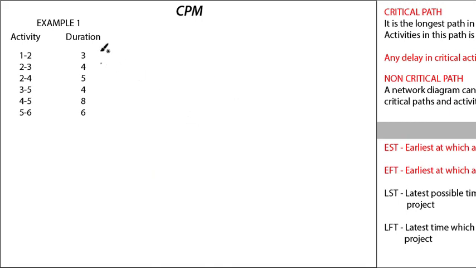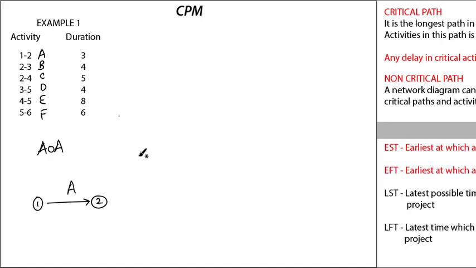So let's solve this problem. Okay, for solving this problem, let me name this activity as A, B, C, D, E and F. Okay, so there are 6 activities. So let's first draw activity on arrow. Okay, so here I have 1 to 2, so starting with 1 to 2, that is activity A. So next comes 2 to 3 and 2 to 4, which means from 2 there are 2 activities which are bursting out.